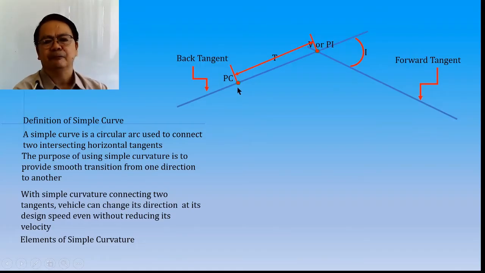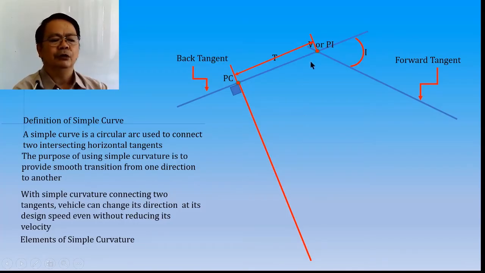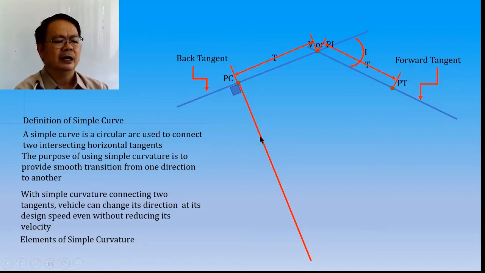And from the PC, nagdodraw tayo ng perpendicular line until the location of the centroid is established. So somewhere here shall be the location of the centroid. On the other side, on the side of the forward tangent, at the same distance from PI or V, which we will be calling PT, there will be another line that will pass perpendicular to the tangent until we are able to cross the line initially drawn at PC.